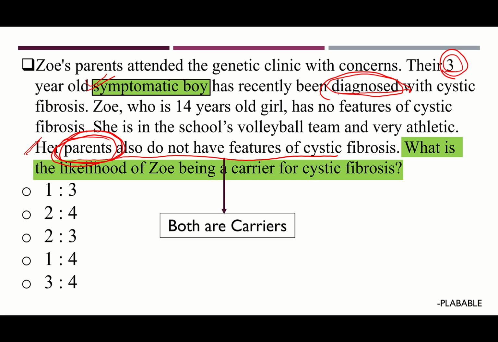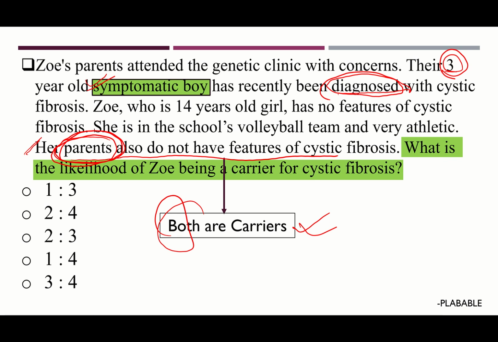They would write her mother does not have features of cystic fibrosis, or her father doesn't have the features. They wouldn't write parents. By parents they're referring to both of the parents being carriers. So you are sure that the parents are carriers. Okay, we continue reading the question.